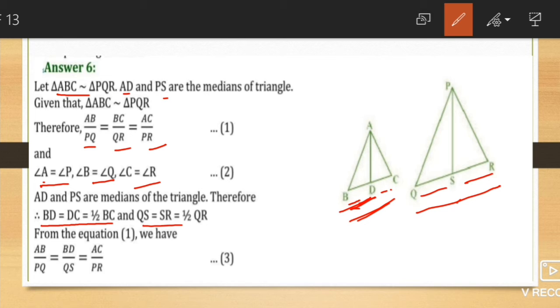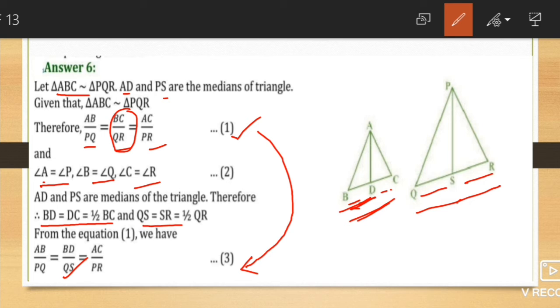So if you take equation number 1, in place of BC by QR you can write half of BC by half of QR. You are multiplying both the denominator and the numerator by half, and in place of half BC and half QR you can write BD by QS. So equation number 1 transformed into equation number 3.